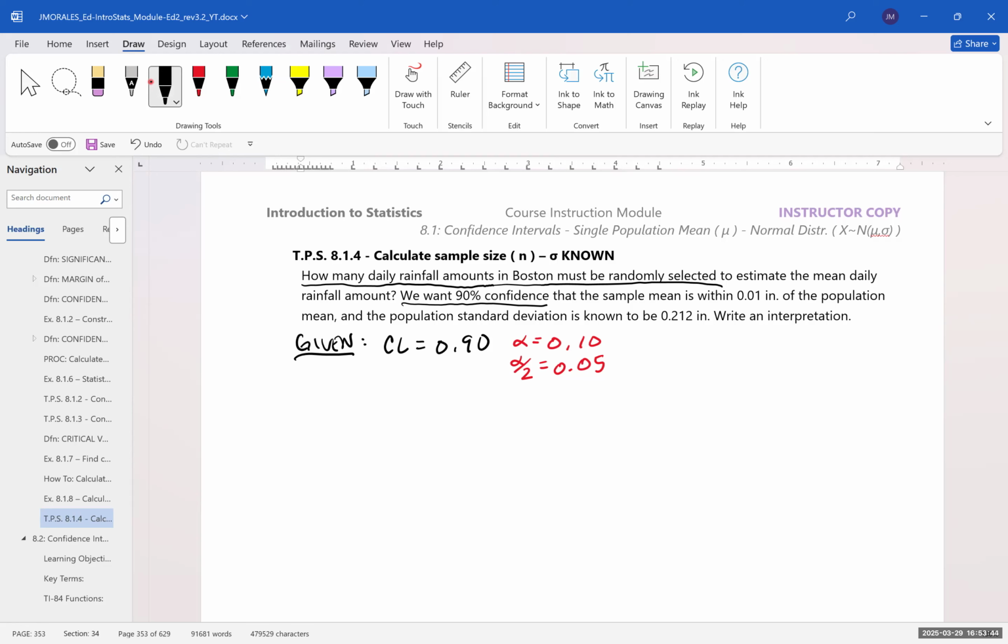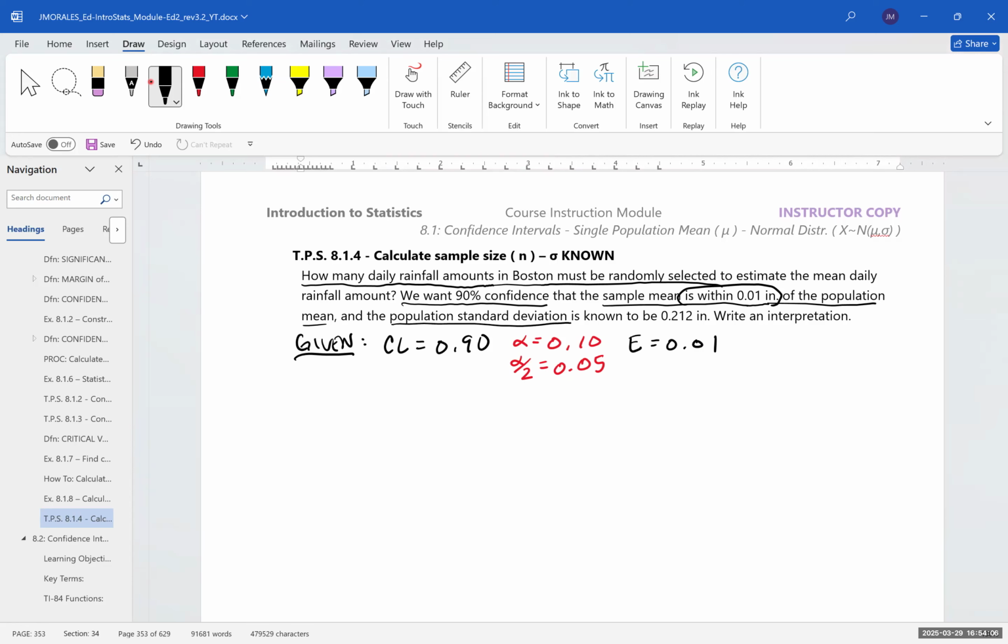All right, that the sample mean is within 0.01 inches of the population mean. So that is our margin of error. Our margin of error, when it says is within, it's going to be 0.01.